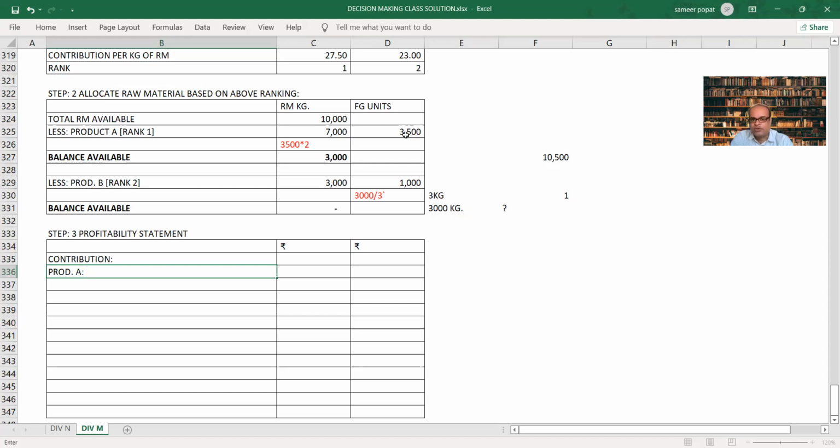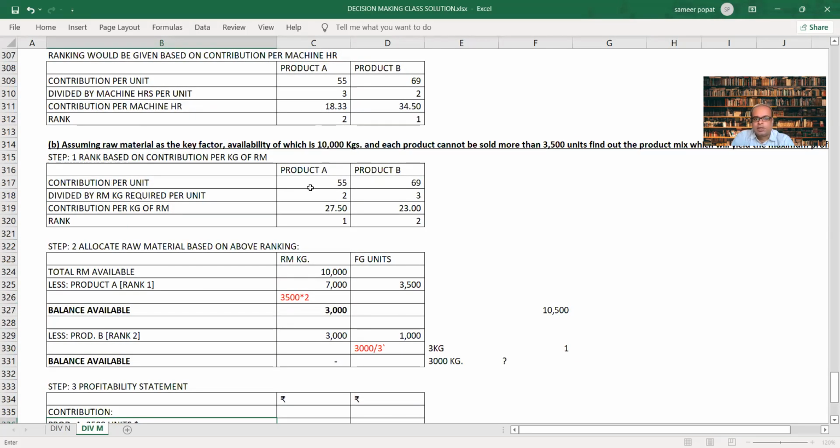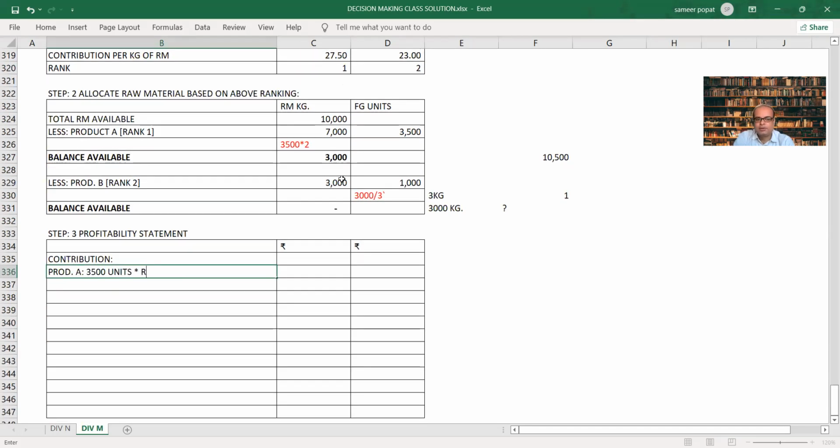Here we are going to manufacture 3,500 units of A. Each unit earns a contribution of rupees 55. So 3,500 units multiplied by 55 will give you a total contribution of 192,500.